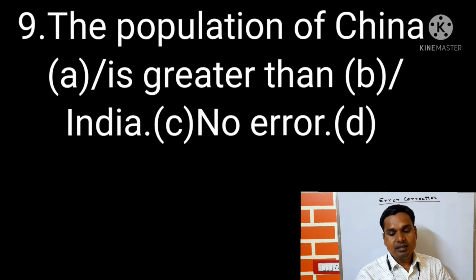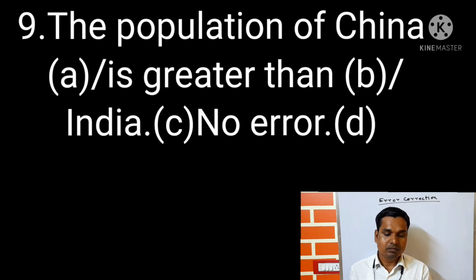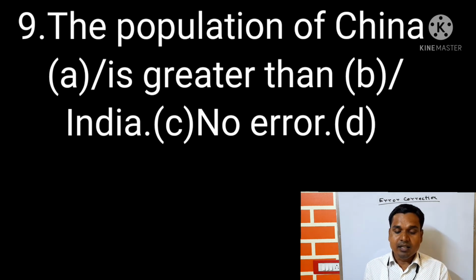Next sentence: the population of China is greater than that of India. Find out the error. The population of China is greater than India is not correct, because the comparison is not between India and China but between their populations.